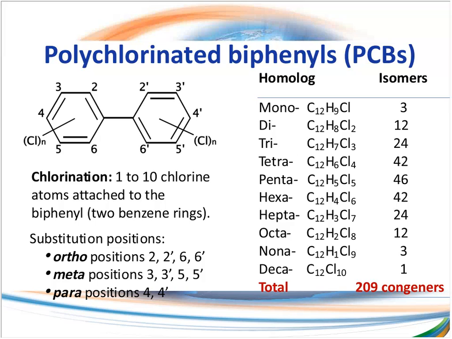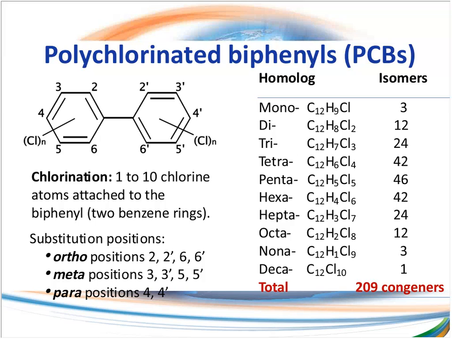With one chlorine, you can have 3 isomers. Then you will have these chemicals with 2 chlorine, which is di, and you have 12 isomers, and with 3, 24, and so on. The whole number of these, the 209, are the 209 congeners, which are a mixture of mono, di, tri, tetra, penta, hexa, hepta, octa, nona, deca homologues, which just have one chlorine atom in the molecule more.